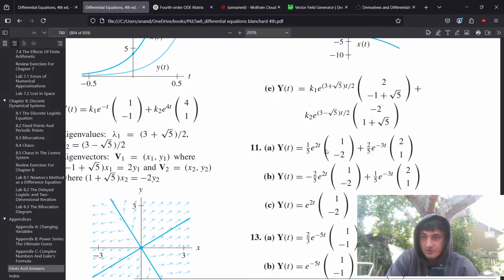Okay, so A was 1 fifth, 2 fifths. Wait, hold on. Yep, that's correct. I just switched these vectors, but that's fine. And then this is going to be minus 2 fifths and 1 fifth. All right, cool.